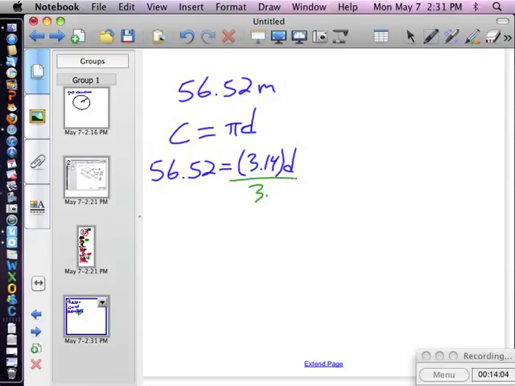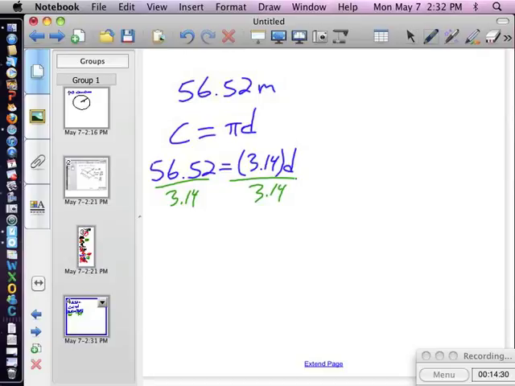In this case, we'll need to divide both sides by 3.14. You may want to use a calculator in this section. So I'm pulling my calculator out of my phone right now. We could do long division here, but when we're dealing with decimals like this and division, sometimes it's just easier to go with the calculator.